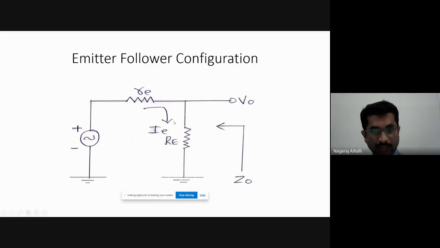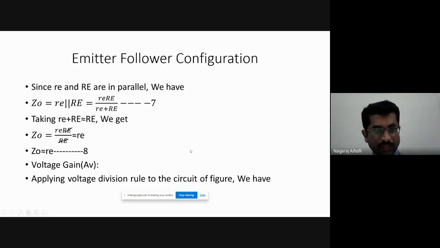So it will be small RE parallel capital RE. Z0 is small RE into capital RE divided by small RE plus capital RE. Small RE plus capital RE is approximately equal to capital RE. Therefore, we get Z0 is equal to small RE into capital RE divided by capital RE. Capital RE cancels. We get small RE as Z0. So Z0 is approximately small RE.